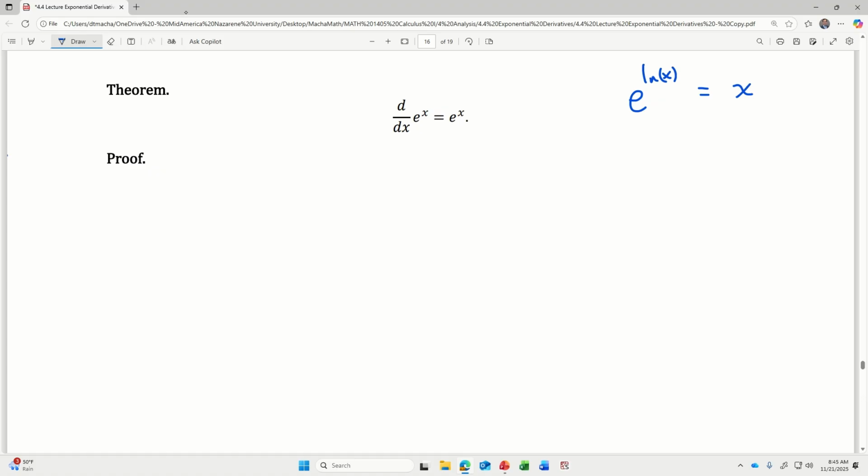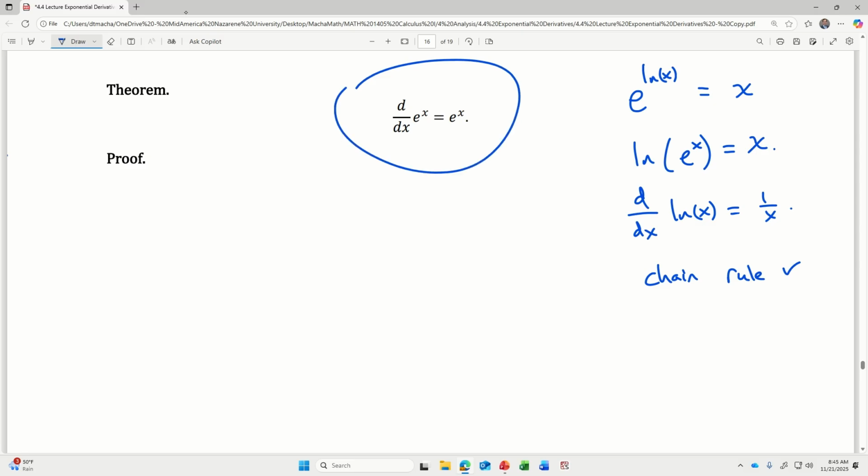And I know that natural log of e to the x is x. And I know that the derivative of natural log of x is 1 over x. And I also know that the derivative chain rule works. So we're allowed to use the chain rule now.